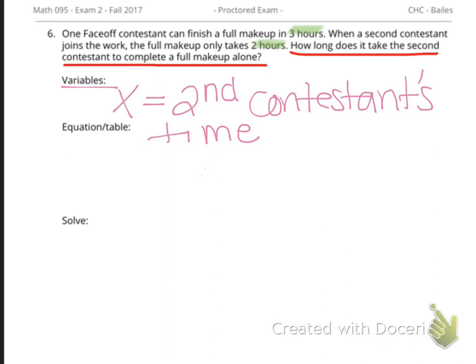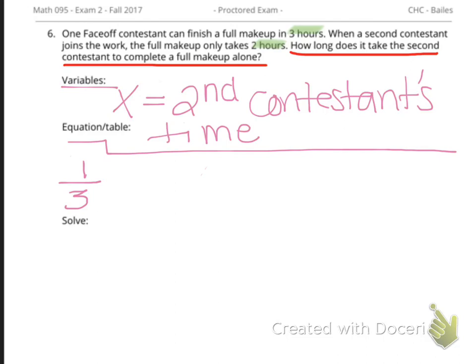The equation, since this is a work problem, would be a layout of the amount of the job they've completed and the amount of time. The first contestant completes the entire job in 3 hours, so he completes one job per 3 hours.